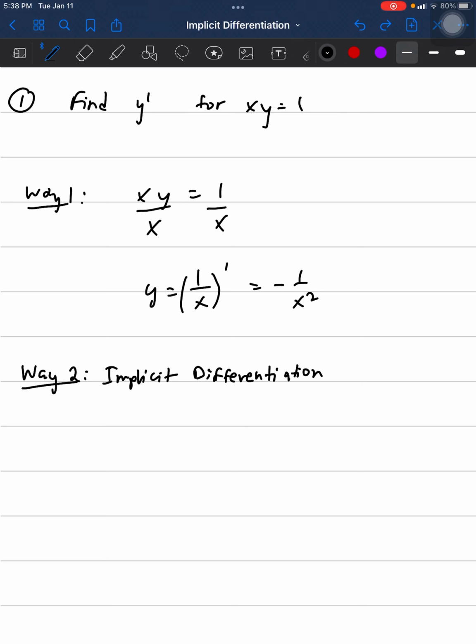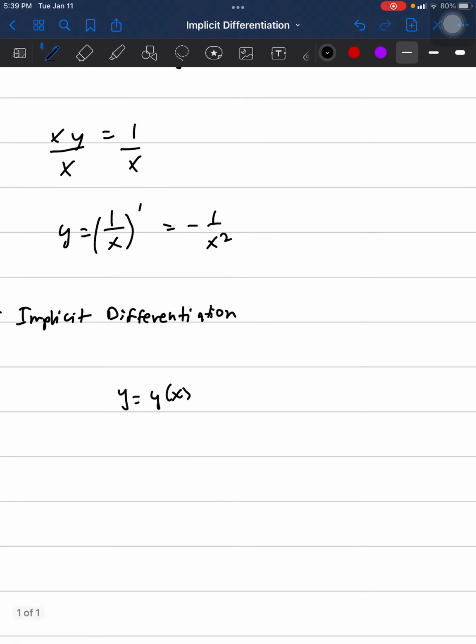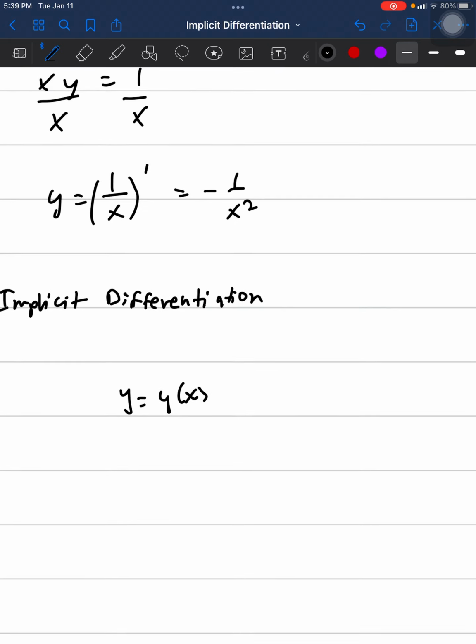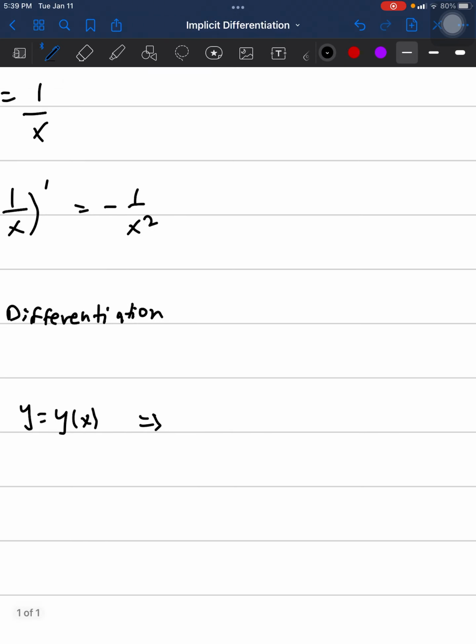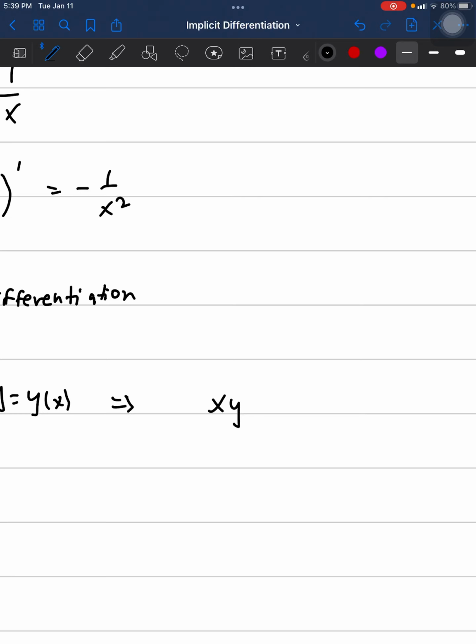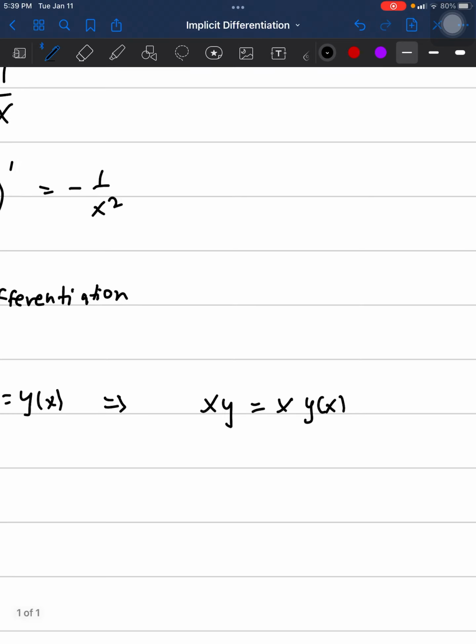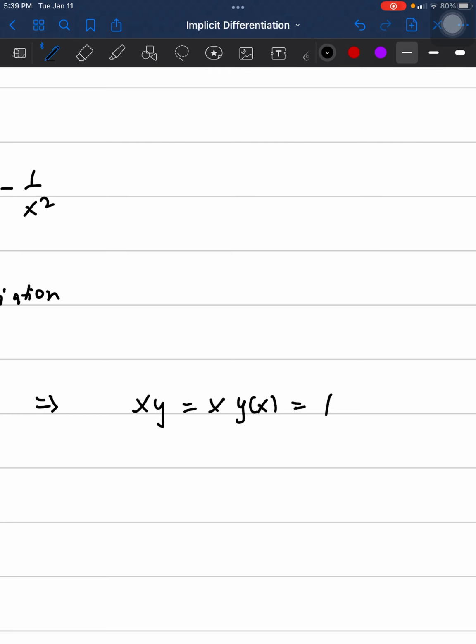So if you could solve for y, as we did in this case, we basically get something like this: y is equal to y of x, and then we can rewrite the original equation to represent that. So xy is simply x times y of x, equal to 1.